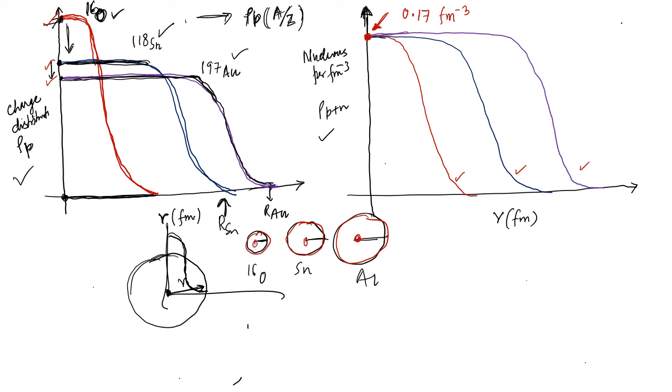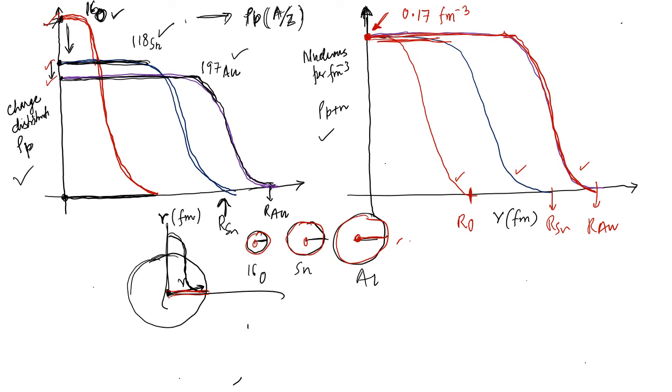But as we move from the center towards the surface, this is the radius of the oxygen, this is the radius of the tin, this is the radius of the gold. Almost inside, the matter density is constant, and at the surface it decreases.